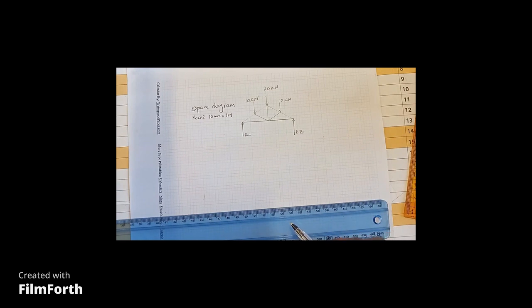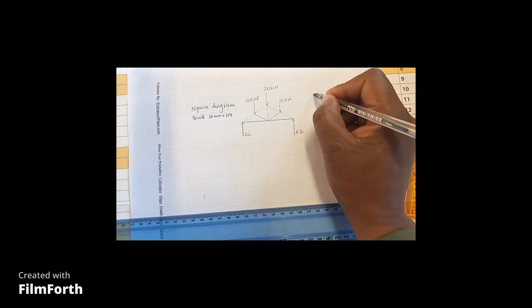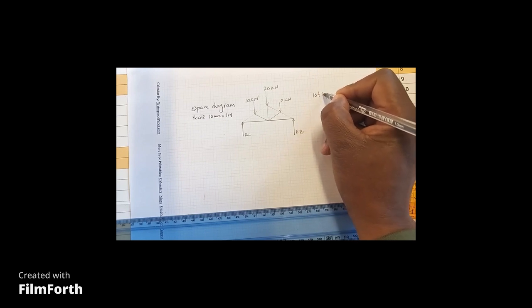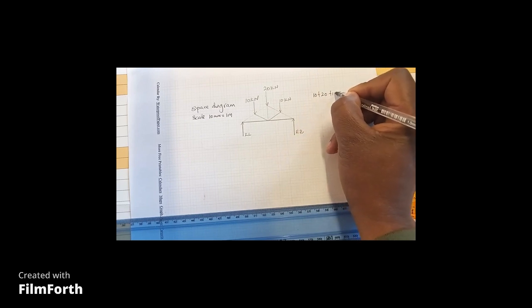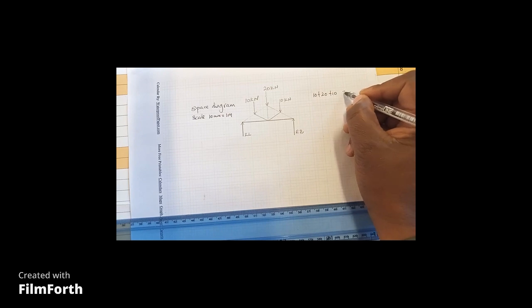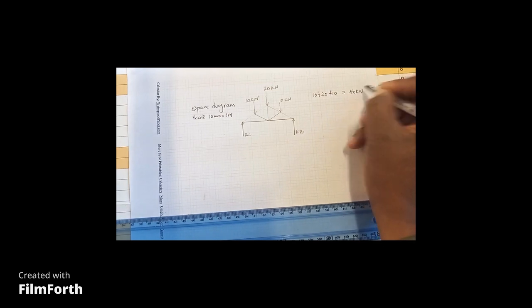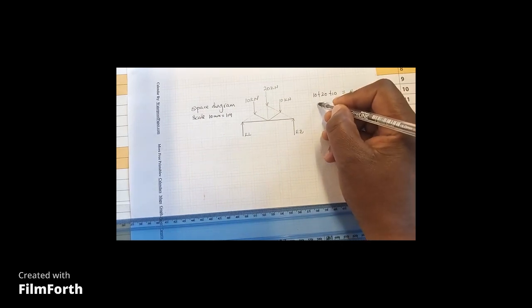So to get the reactions here, it's not going to be difficult for us. Let's add 10 plus 20 plus 10. This will give us 40 kilonewtons.